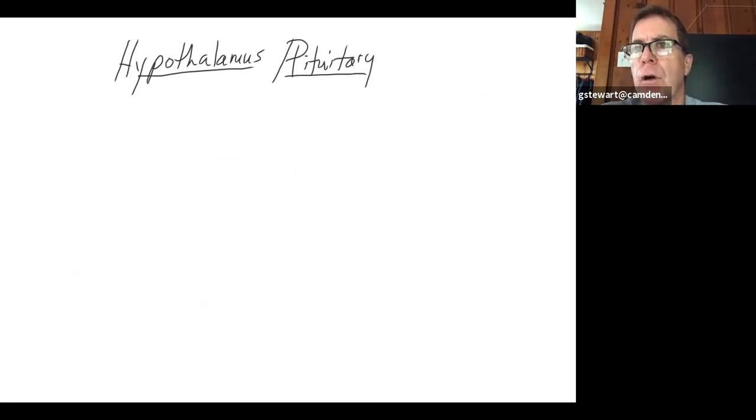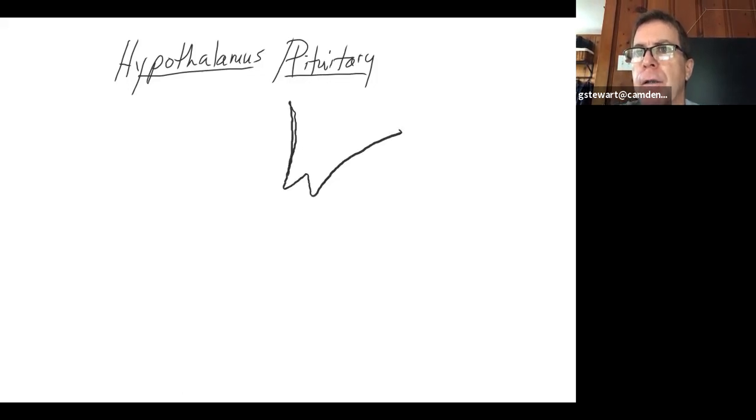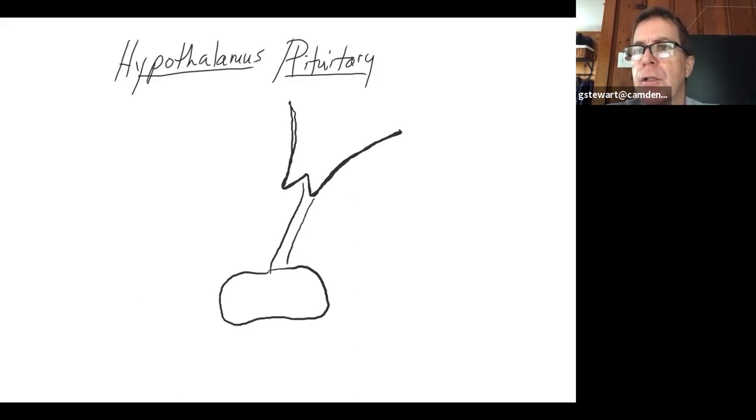So I'm just going to draw a really big hypothalamus. It sort of has this weird W shape to it when we look at it in cross section. And then the pituitary gland hangs down from the hypothalamus, sort of a bean-shaped structure.